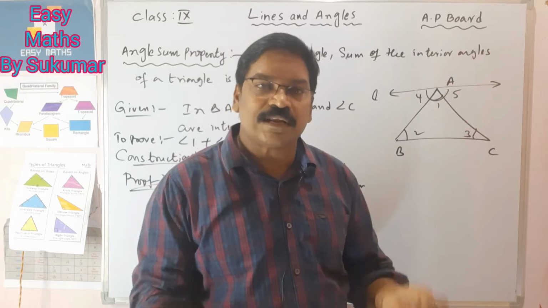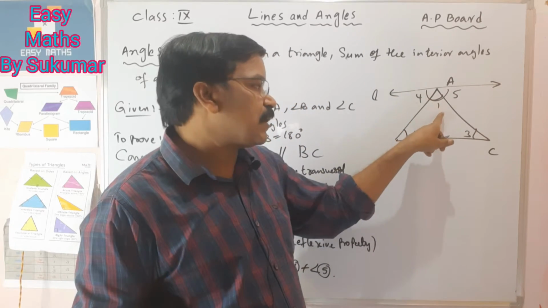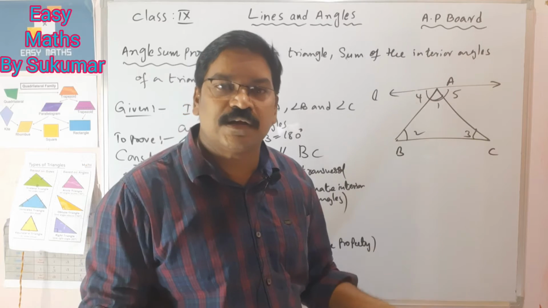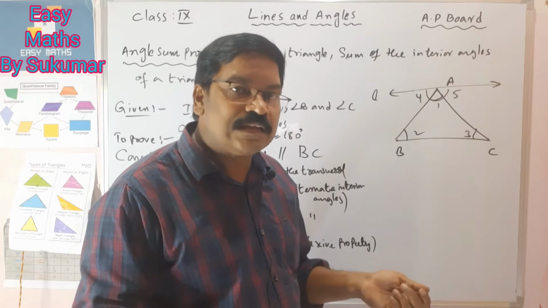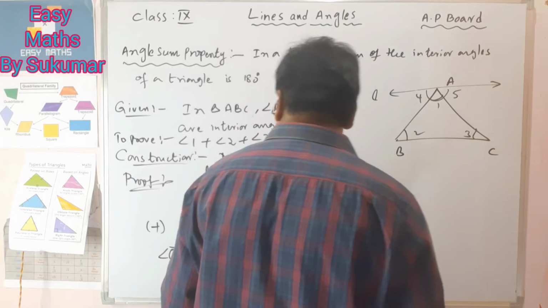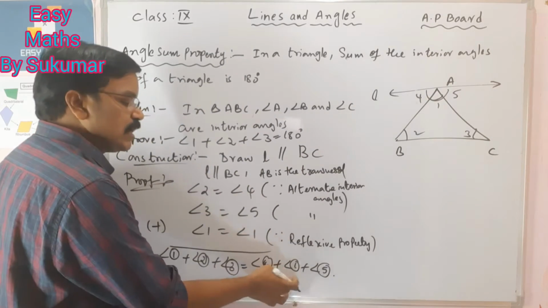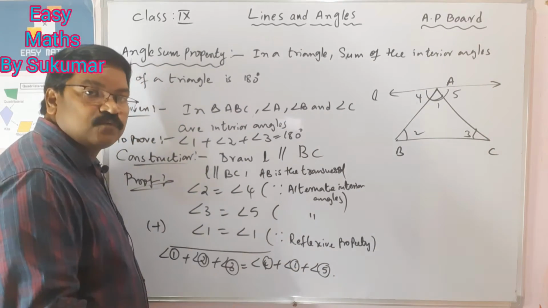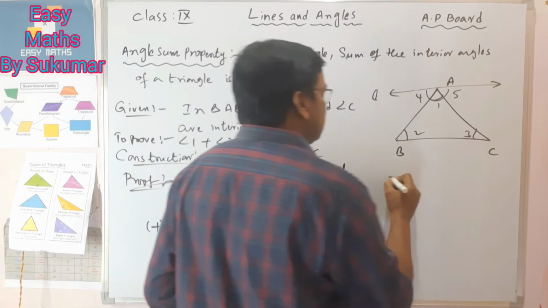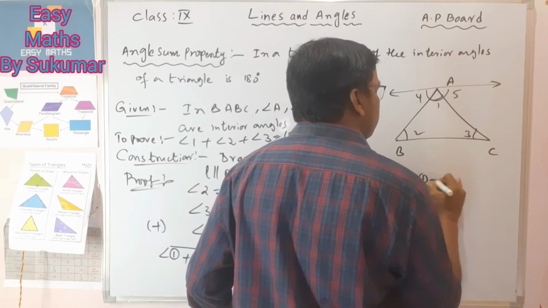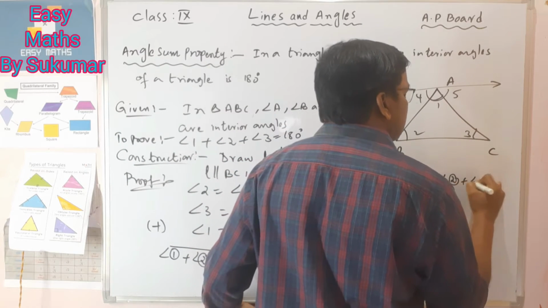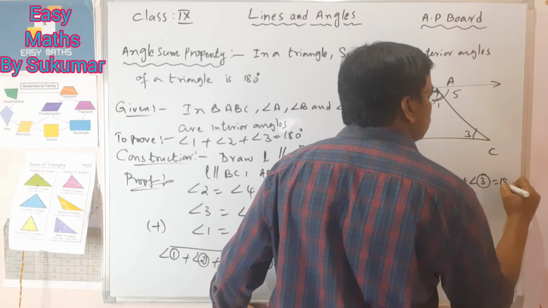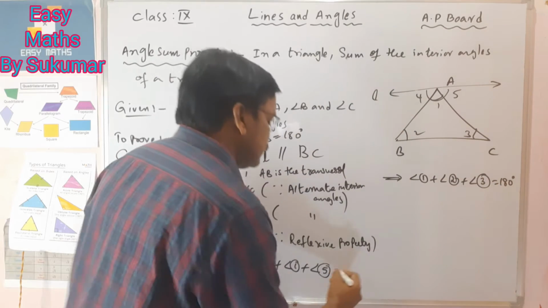This forms a straight line. Angle 4 plus angle 1 plus angle 5 is equal to 180 degrees, the angle in a straight line. So instead of angle 4 plus angle 1 plus angle 5, you can write 180 degrees. That implies angle 1 plus angle 2 plus angle 3 is equal to 180 degrees.